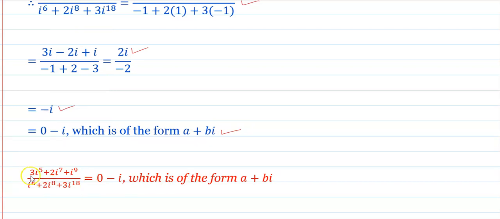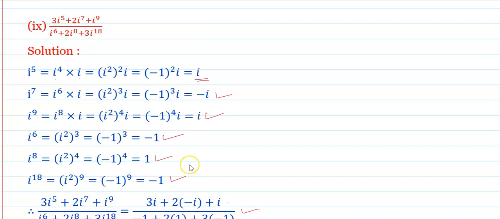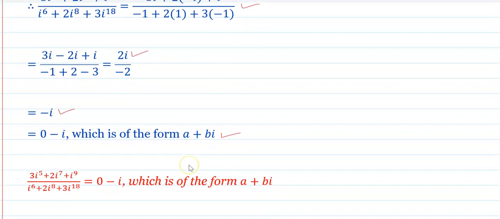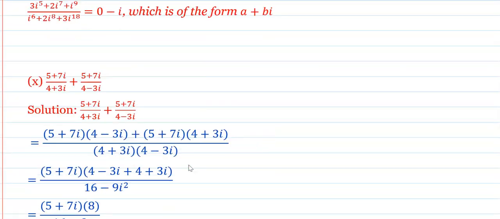Hence, 3i raised to 5 plus 2i raised to 7 plus i raised to 9 upon i raised to 6 plus 2i raised to 8 plus 3i raised to 18 is equal to real part 0, imaginary part minus 1, which is of the form a plus bi. Again you can see, first you can find the values, and then substitute the values, simplify, and you will get the answer.